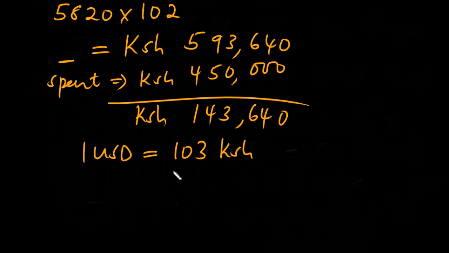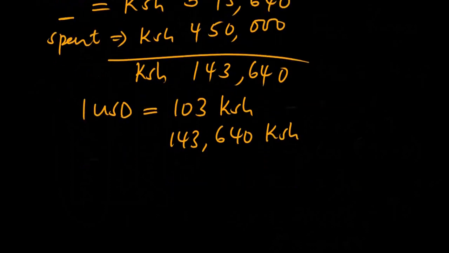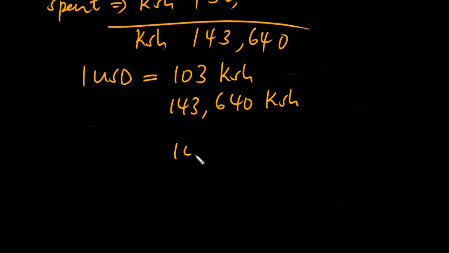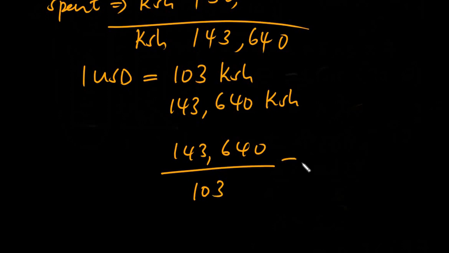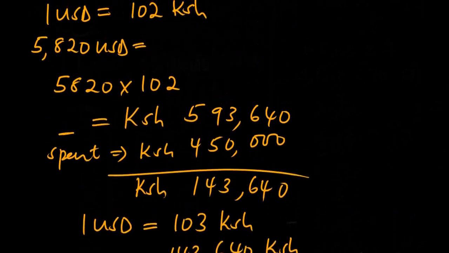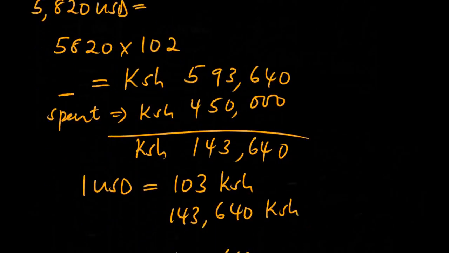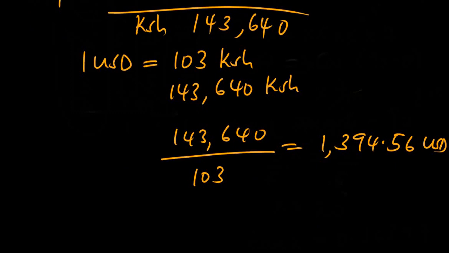So for the 143,640 shillings, it's going to be 143,640 divided by 103, which is going to be 1,394.56 US dollars.